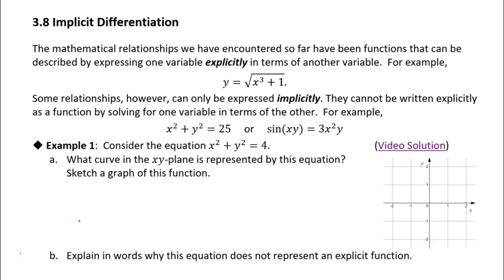So we have a point, if I wanted to graph it over here, at 2 comma 0 and negative 2 comma 0, right? I could do the same thing if I put x equals 0 in. And then when we solve for y, we'd either get y is 2 or y is negative 2. So we have some points.